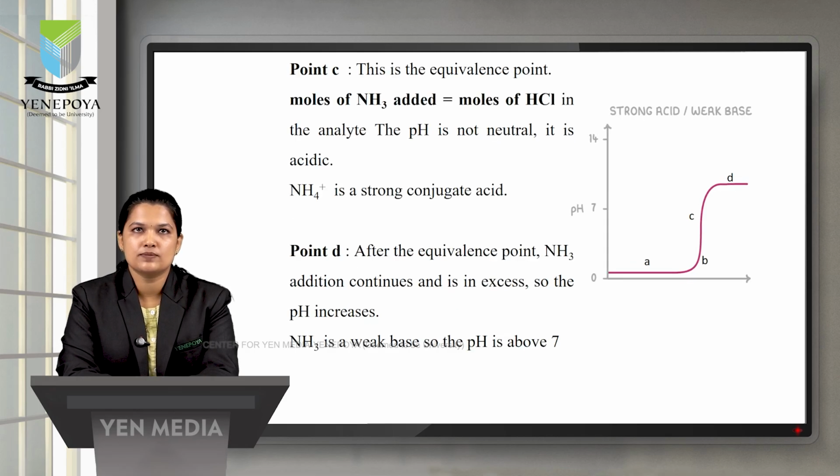Point C is the equivalence point, where the moles of NH3 added is equal to the moles of HCl in the analyte. The pH is not neutral, it is acidic because NH4 plus, the conjugate acid, is forming. At point D, after the equivalence point, NH3 is continuously added in excess and the pH increases, but because NH3 is a weak base, the pH stays above 7.